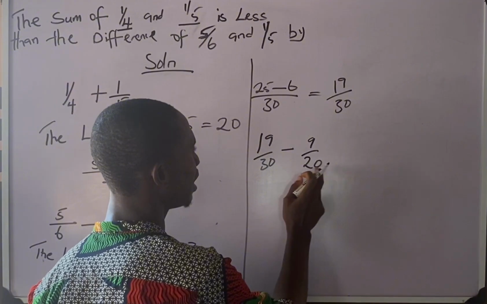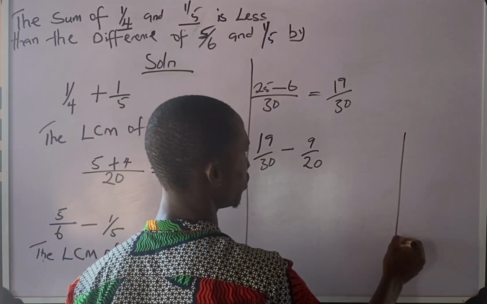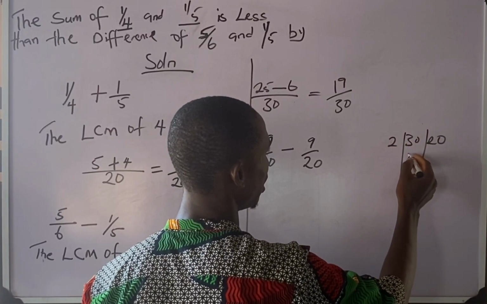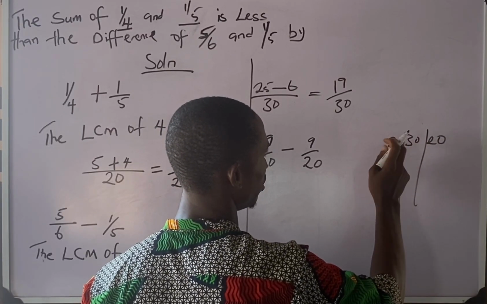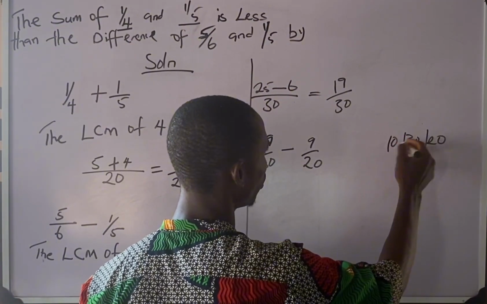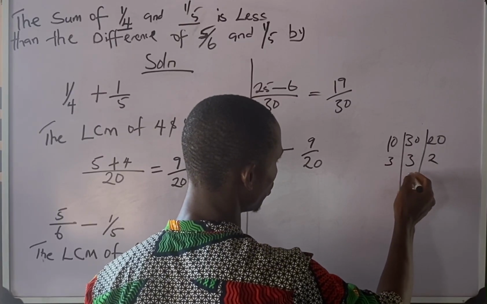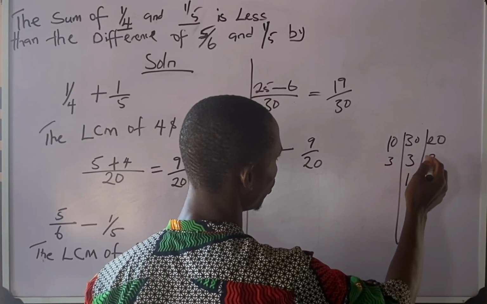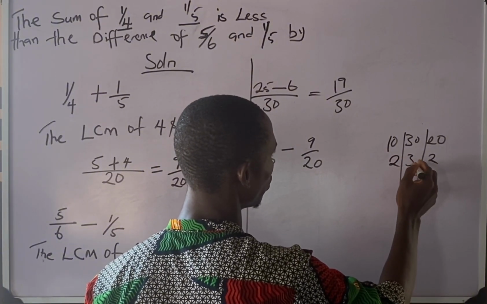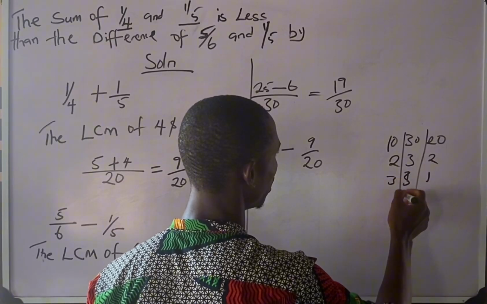So the LCM of 30 and 20 is 60. Let me show you. We have 30 and 20. 10 can go faster so that we don't waste time. 10 going into 30 gives us 3, and 10 going into 20 gives us 2. 2 going into 2 gives us 1, and 3 going into 3 gives us 1.